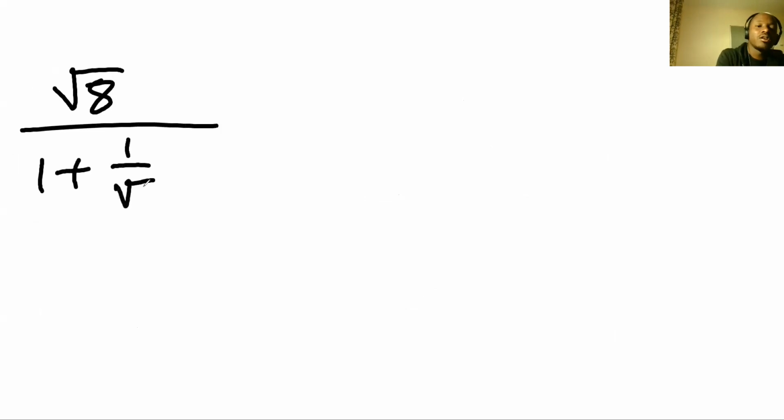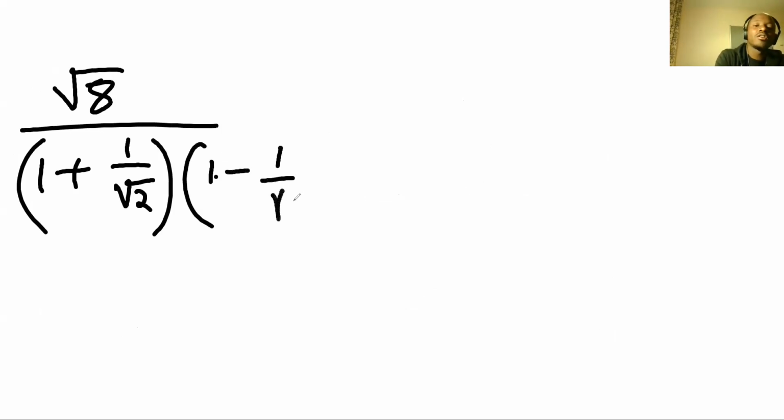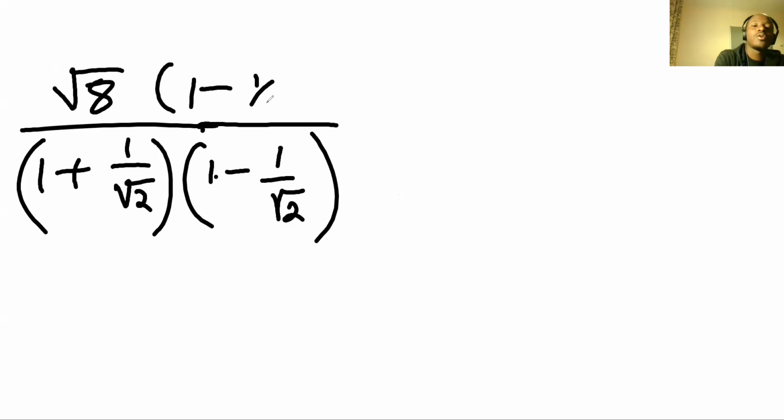So it will be root 8 over 1 plus 1 over root 2. So multiply the denominator by its conjugate, 1 minus 1 over root 2. Same to the numerator. Multiply by the conjugate of the denominator, which is 1 minus 1 over root 2.